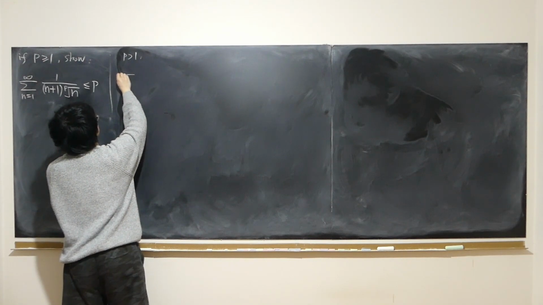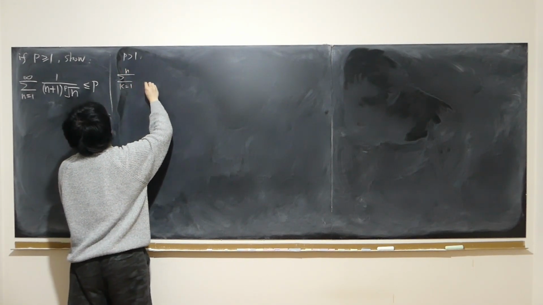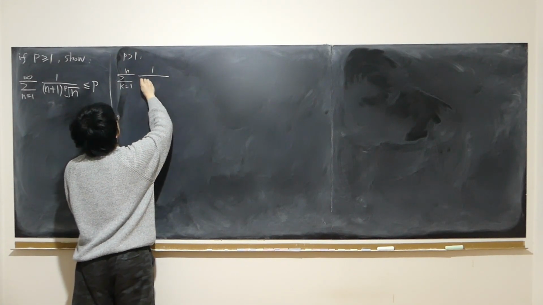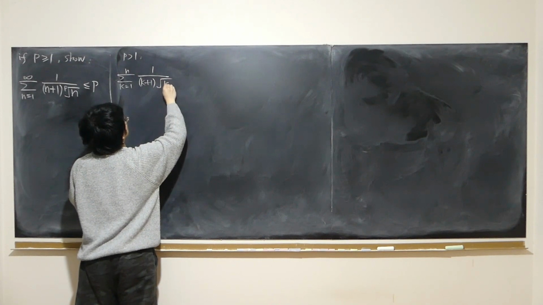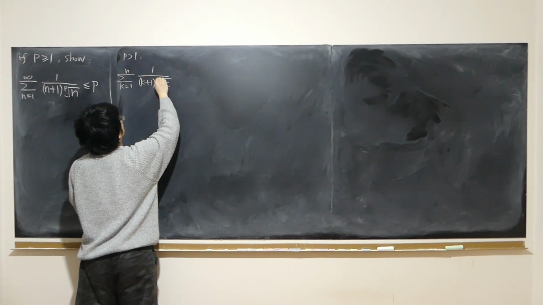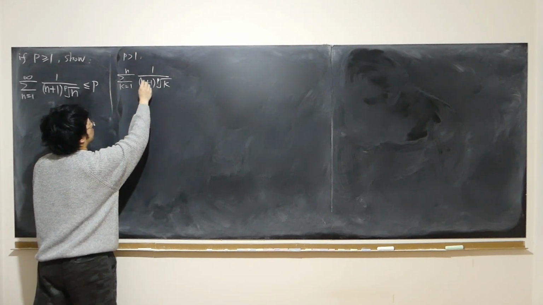Still, let's look at its finite sum, k from 1 all the way up to n of 1 over (k plus 1) times the pth root of k. So let's look at this general term.